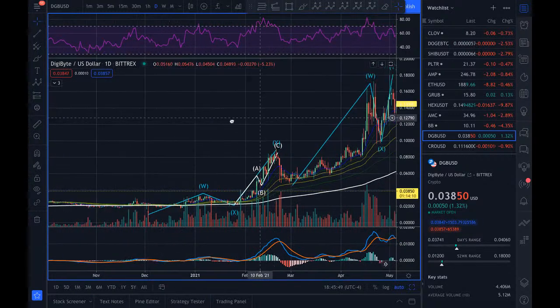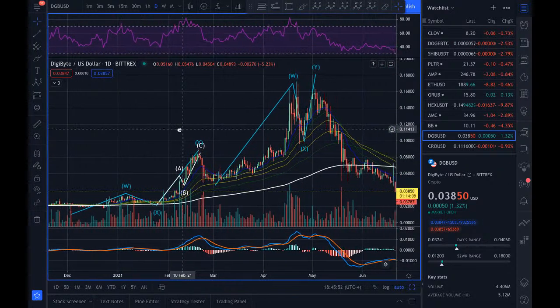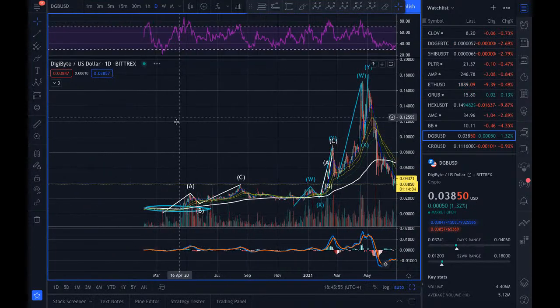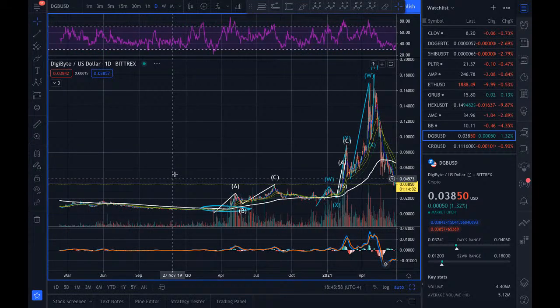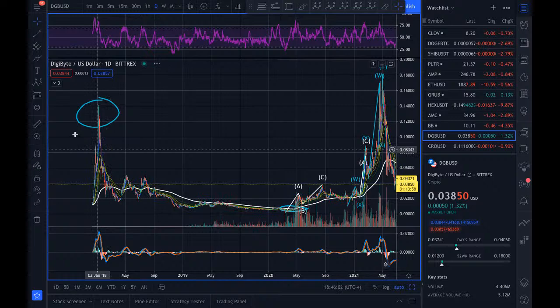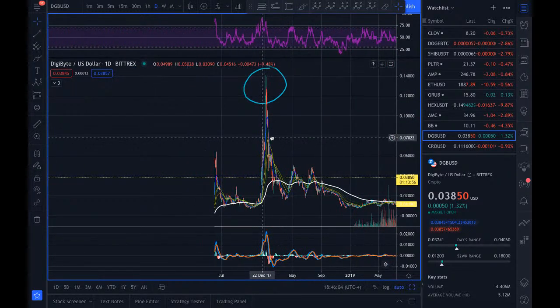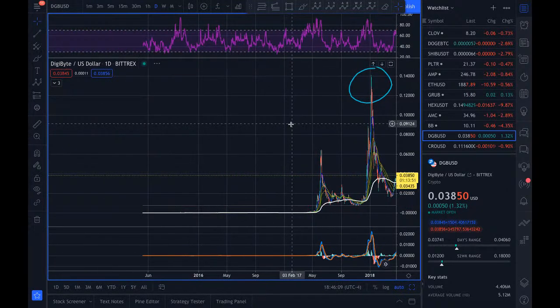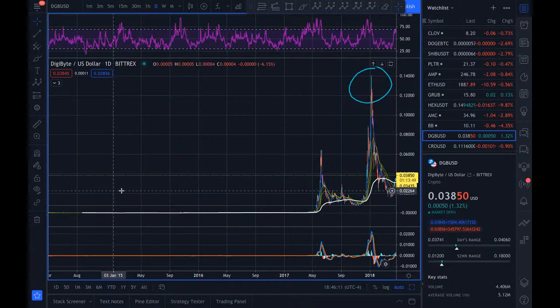The upside down chart. The reason I'm saying it looks upside down is because how is it a correction when it never went up? Like if we're back here to the beginning, it started back here somewhere.